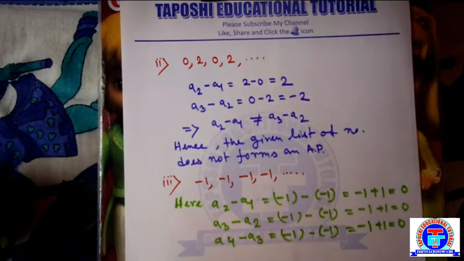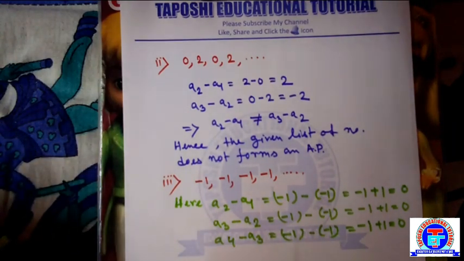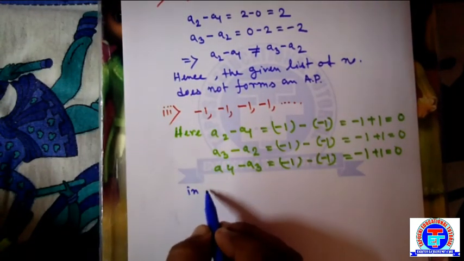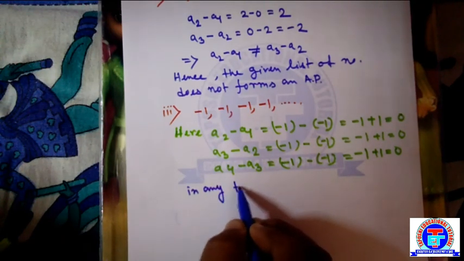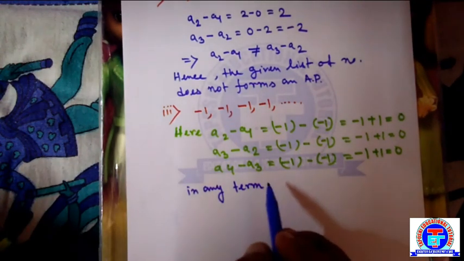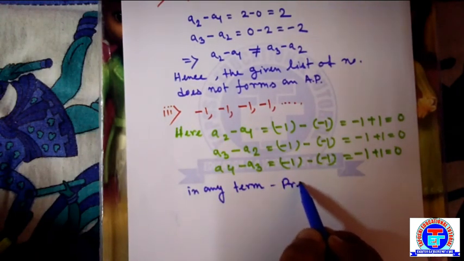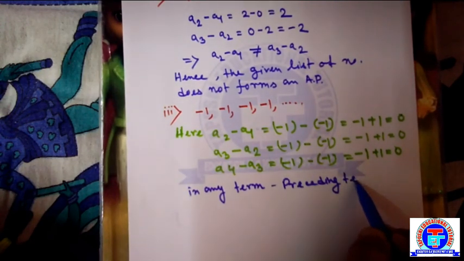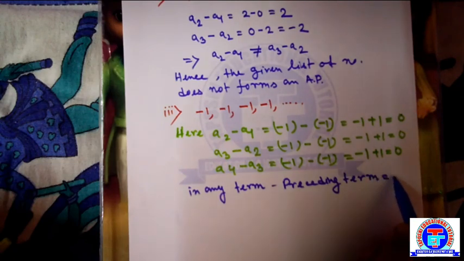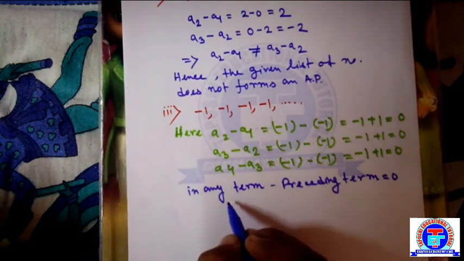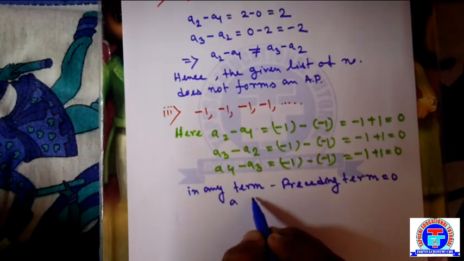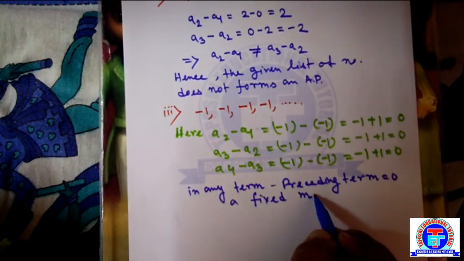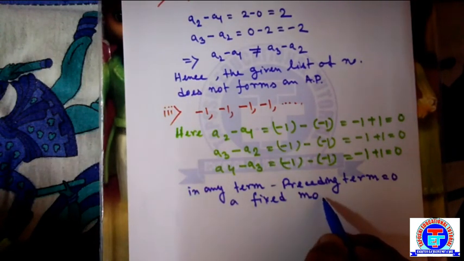So here we observe in any term, the term minus the preceding term is equal to 0. So a fixed or constant number, right?